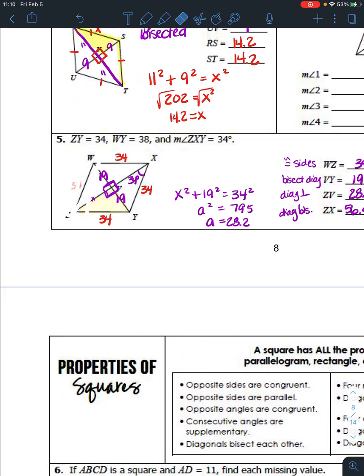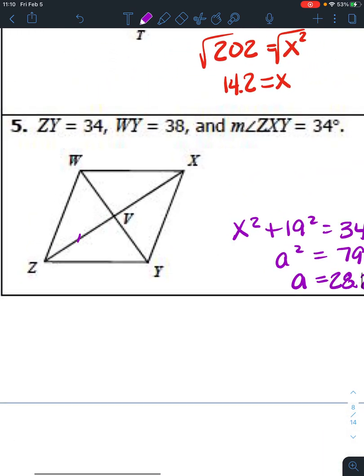So I just kind of want to take a minute. Let's erase everything we've got and just look at the angle parts. So we know that angle ZXY is 34 degrees. I'm going to go ahead right now and fill in everything that I know, not worrying about the questions that I'm being asked, because I know that it's asking about the angles.